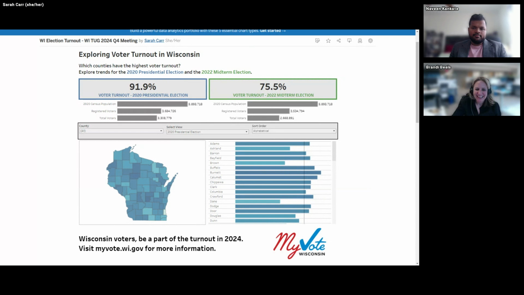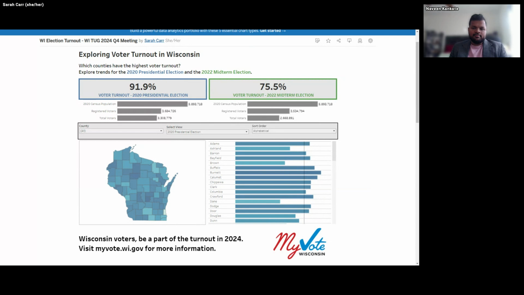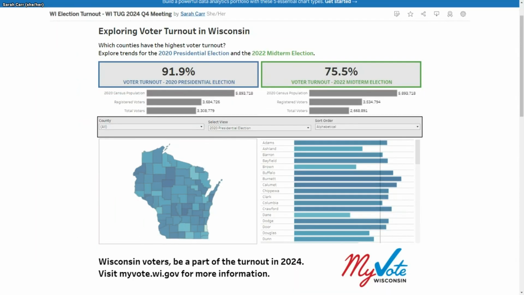I am really passionate about voter turnout, and have worked as an election official the last couple years and learned a lot from it. So this was a great data set to get into. The wards data, at first I wanted to get into that, but with registered voters, it's by specific ward.